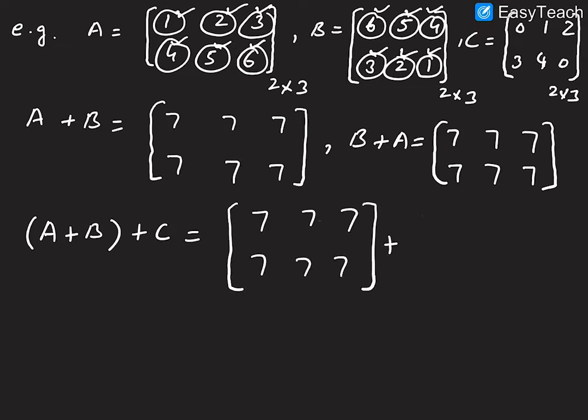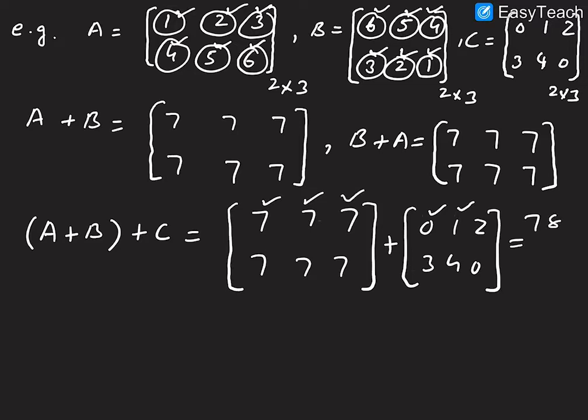What is C? C we have 0, 1, 2, 3, 4, 0. If you add these two, what will you get? 7 plus 0 is 7, 7 plus 1 is 8, and 7 plus 2 is 9. Similarly, 7 plus 3 is 10, 7 plus 4 is 11, and 7 plus 0 is 7. So you got this matrix.